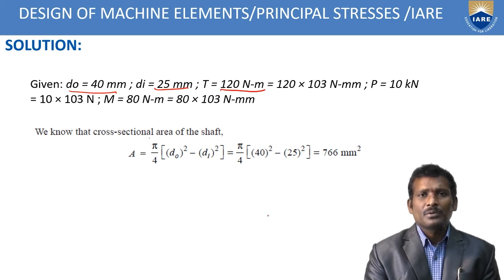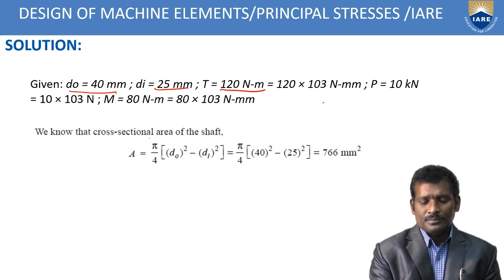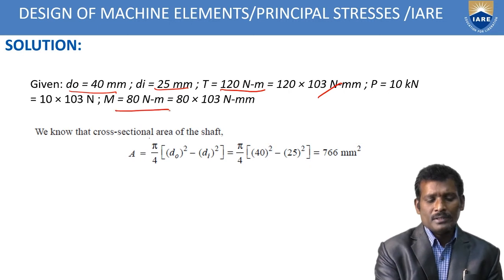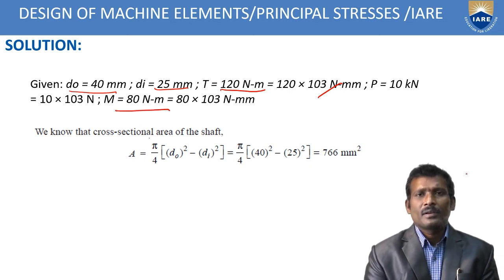You can convert it into Newton mm. The axial thrust load is 10 kilonewtons, and this load also is converted into newtons, and the bending moment is 80 Newton meter. So first you have to calculate the cross-sectional area of the shaft.